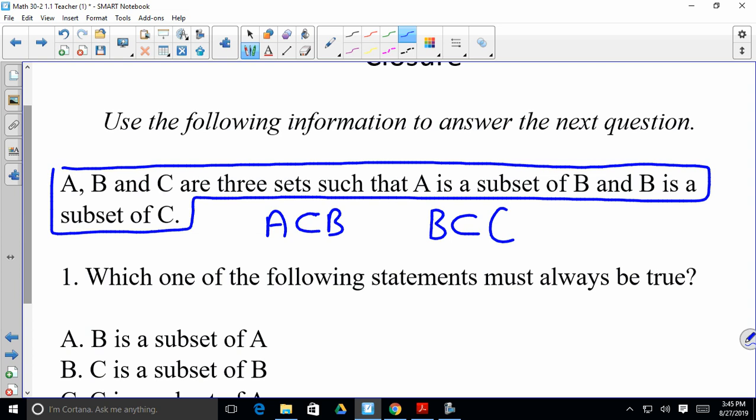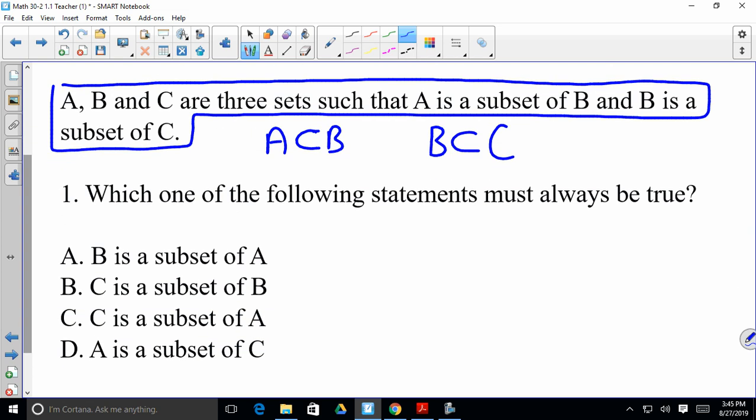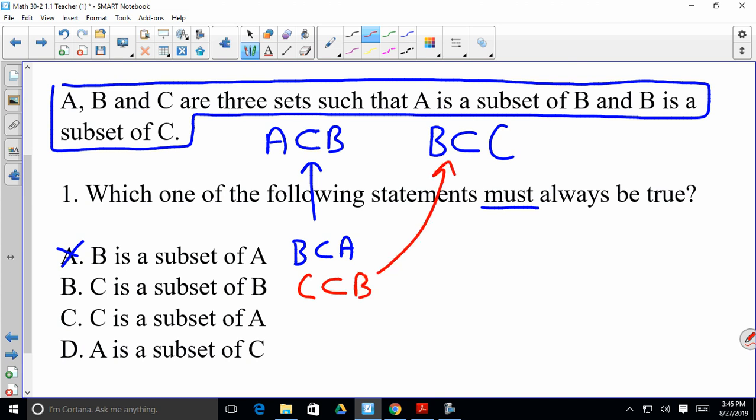Now, let's look at the question again. Which of the following statements must always be true? Now, is B a subset of A? No, it can't be. We just said A is a subset of B. Next question. C is a subset of B. Is C part of B? No, that's wrong.